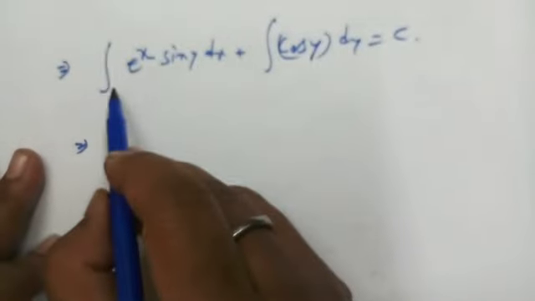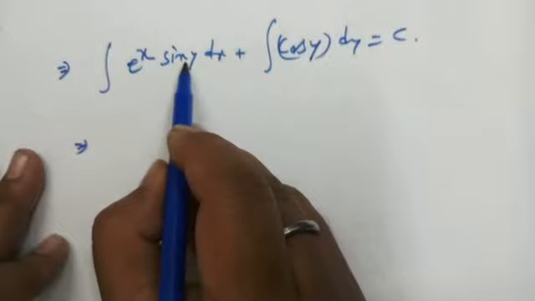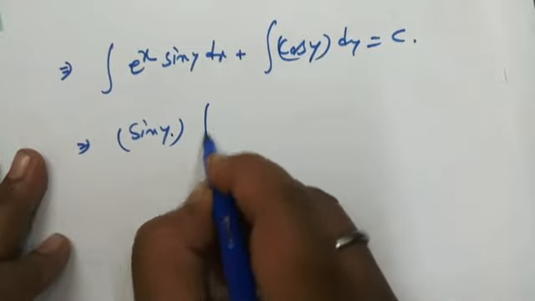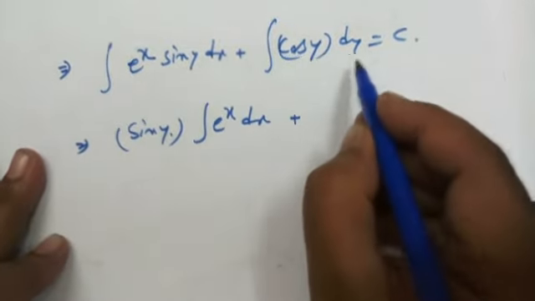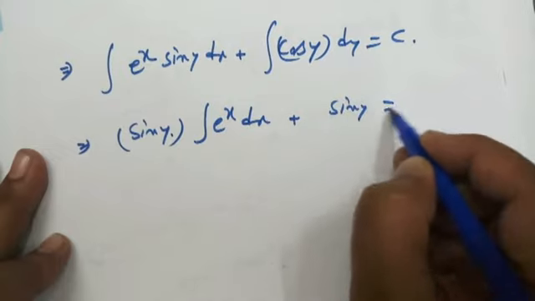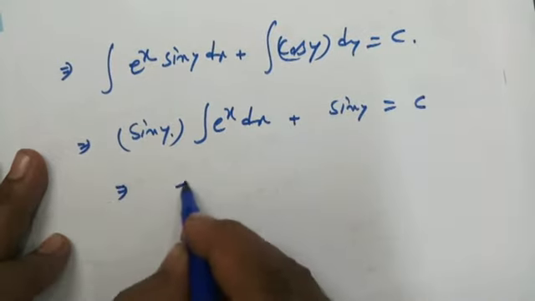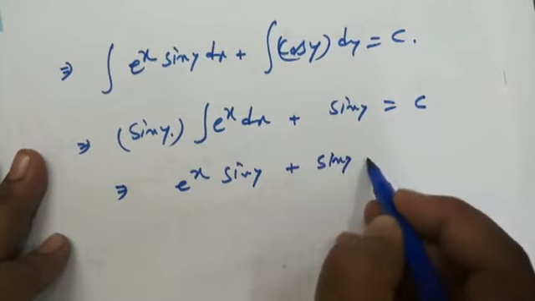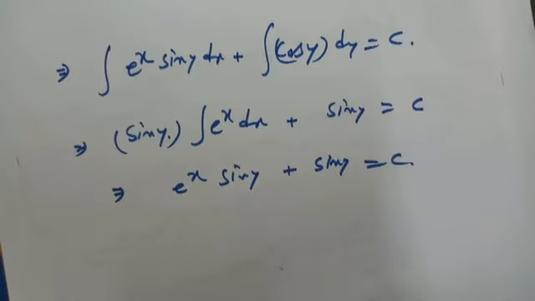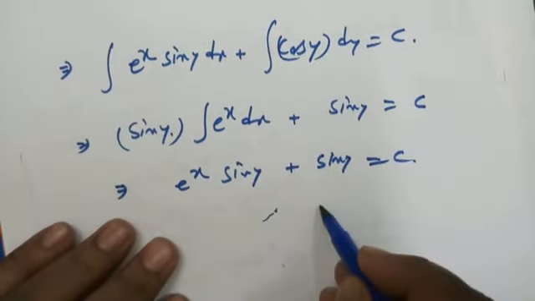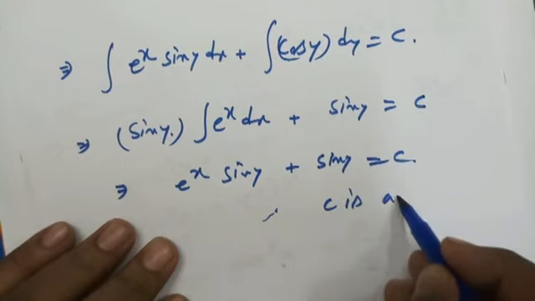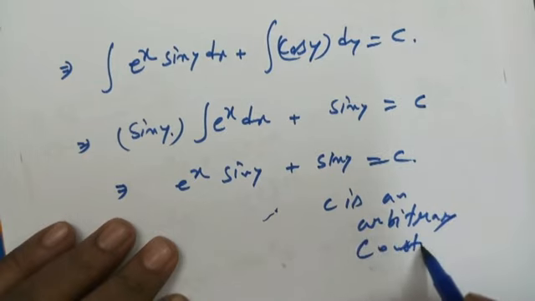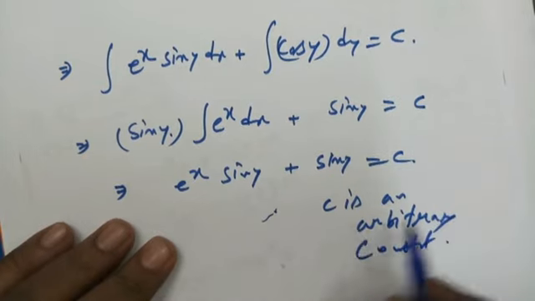This integration is with respect to x, so y is constant, so sin y is constant and stays as it is, integral of e power x dx. The integration of cos y is sin y. So e power x sin y plus sin y equals c, where c is an arbitrary constant. This is my final answer.